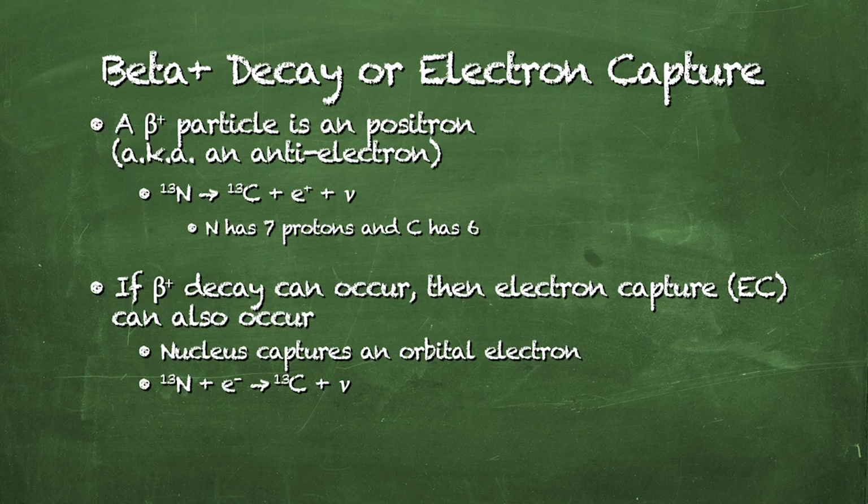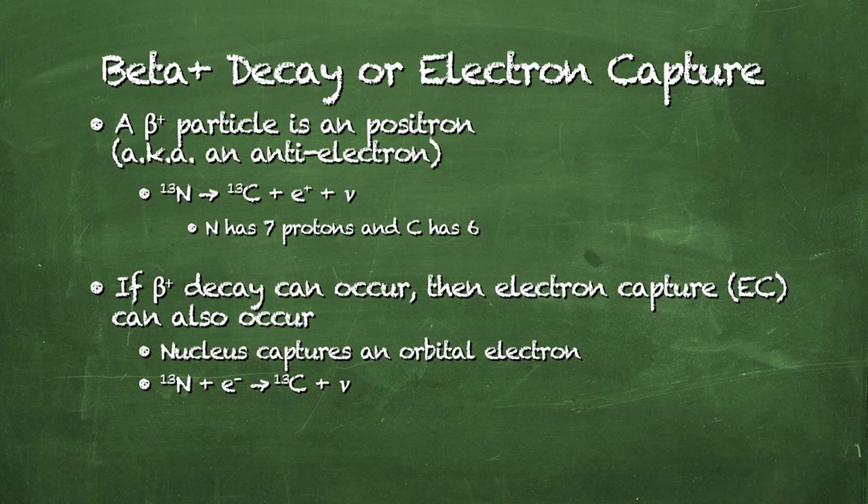Once again, we've conserved charge, we've conserved nucleon number, and we've also conserved electron number because the electron balances out the neutrino. And also, in beta plus decay, the positron and the neutrino balance each other out in terms of electron number.